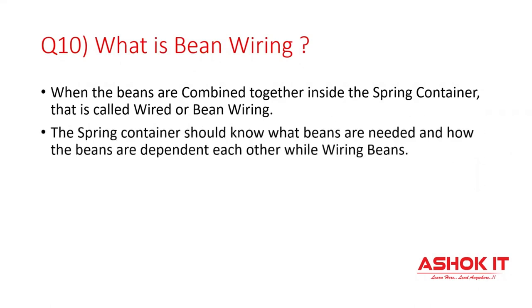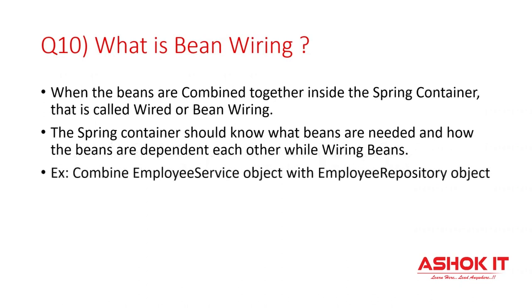Here, one is called the dependent object and the second is called the dependency object. In standard words, we can also call it injecting dependencies into the dependent class object. That is called bean wiring. Let's take one small example. Here we have EmployeeService and EmployeeRepository. I want to create a repository object and inject it into EmployeeService. That is called wiring.